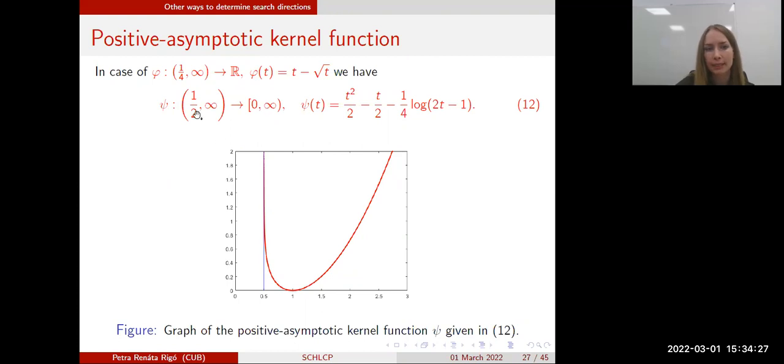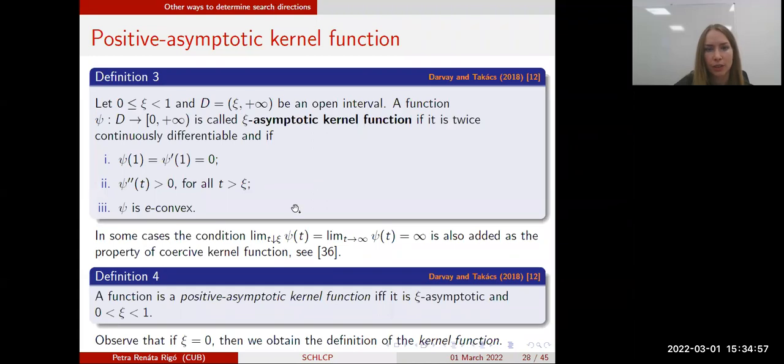But we can see that in this case we do not get the usual kernel function, in the sense that it is not even defined on a neighborhood of the origin. So together with Zsolt, we introduced the notion of psi asymptotic and the so-called positive asymptotic kernel function, and we can see that the kernel function belonging to this AET function is a positive asymptotic kernel function. So here we can see its definition.